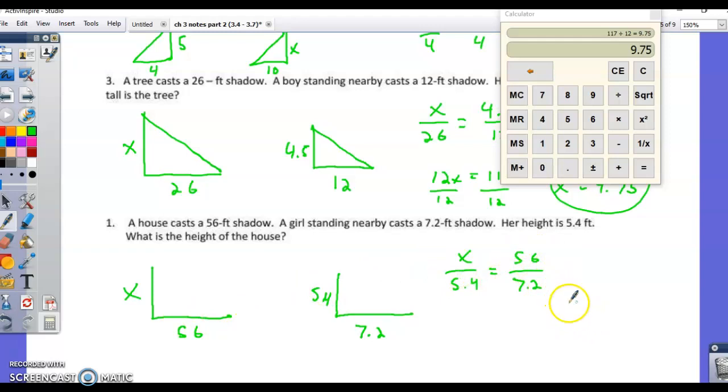That's one of the 4 ways we could set it up. 7.2x equals 56 times 5.4, 302.4. Divide that by 7.2. Our x equals 42.